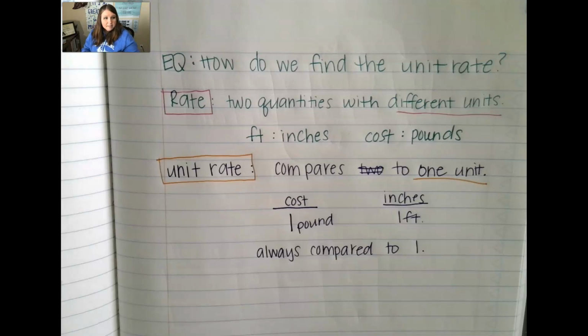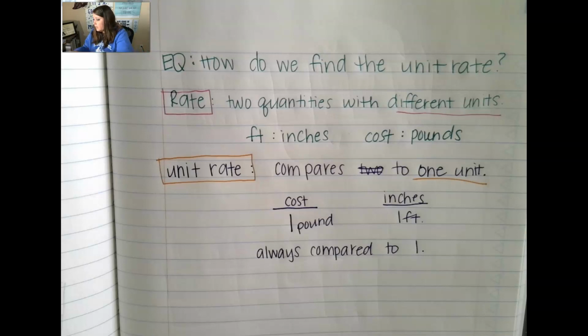Okay, let's talk about this a little bit more so that way we can see it kind of in action. So for example, we have a nutrition label, and the nutrition label shows that every 4 cups of tuna has 2 grams of fat.